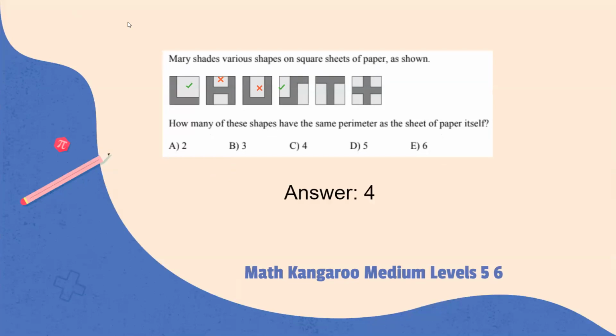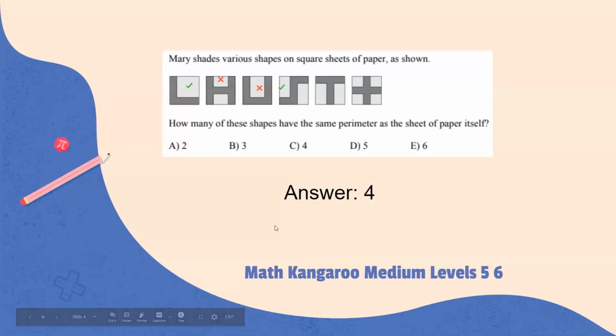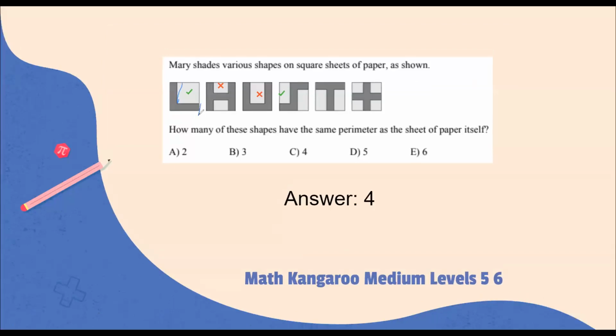So the answer is 4, and one way you could look at this problem is if the shape takes a chunk out of the corner part, then everything will add up to the right perimeter, right? So over here you have this piece and this piece, and those two add up to make the entire side, right? And that can be true for every single corner here.